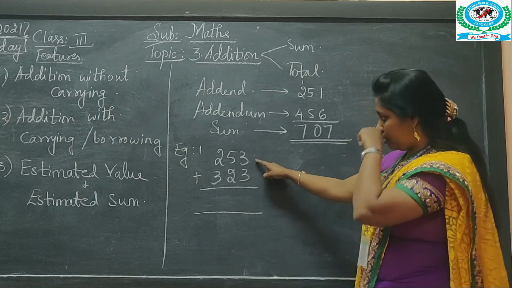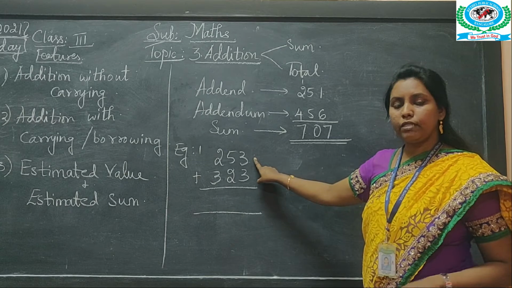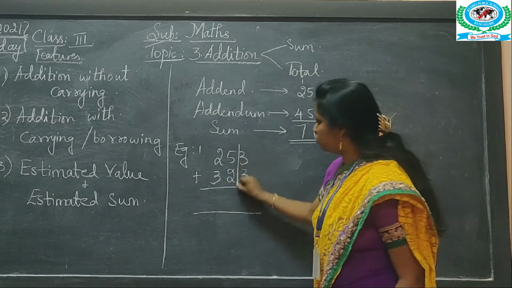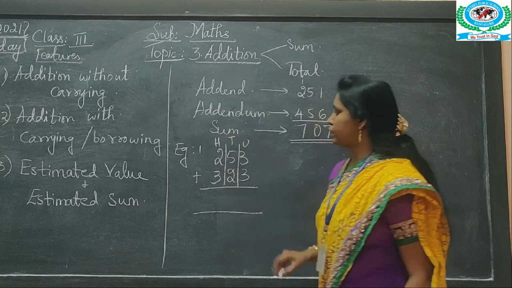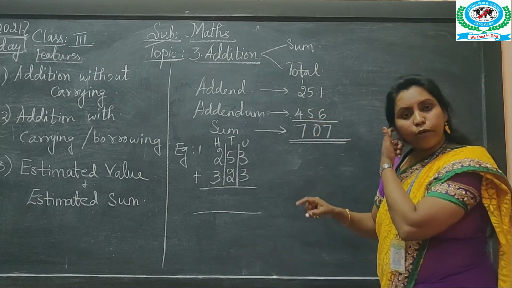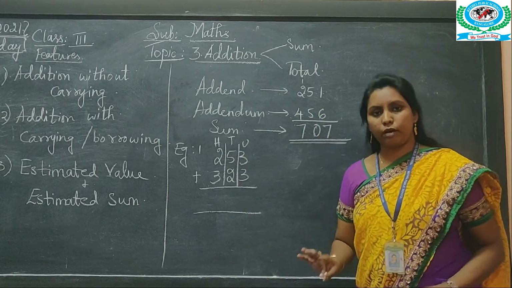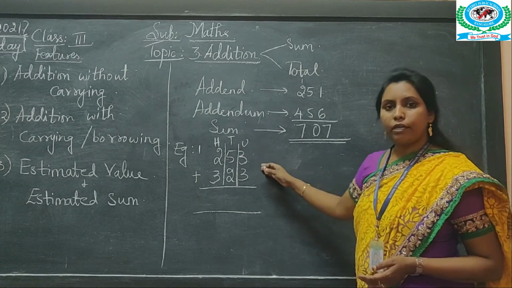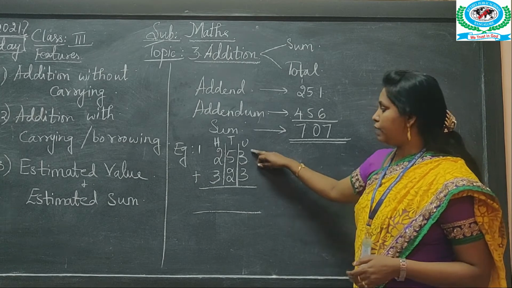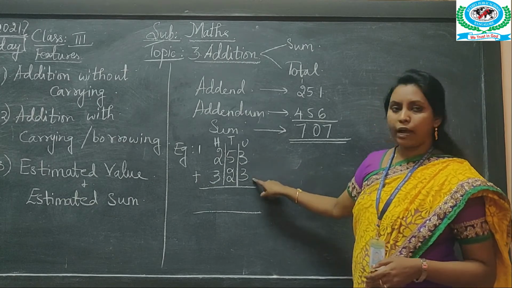So here first in the units place it is 3, okay, so we are going to write the place value for that. In the units place we are going to arrange the numbers according to the place value whenever we have to add or subtract. So here also we have arranged it in the place value, and then the units place we have 3 and 3.